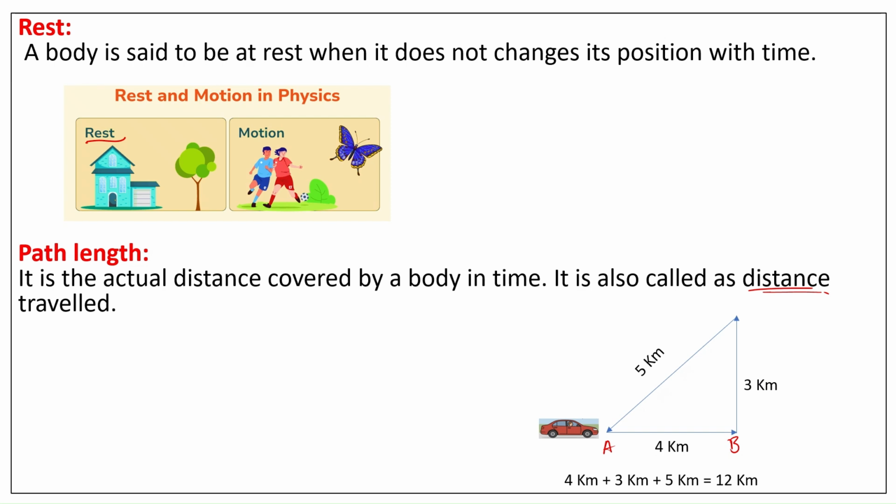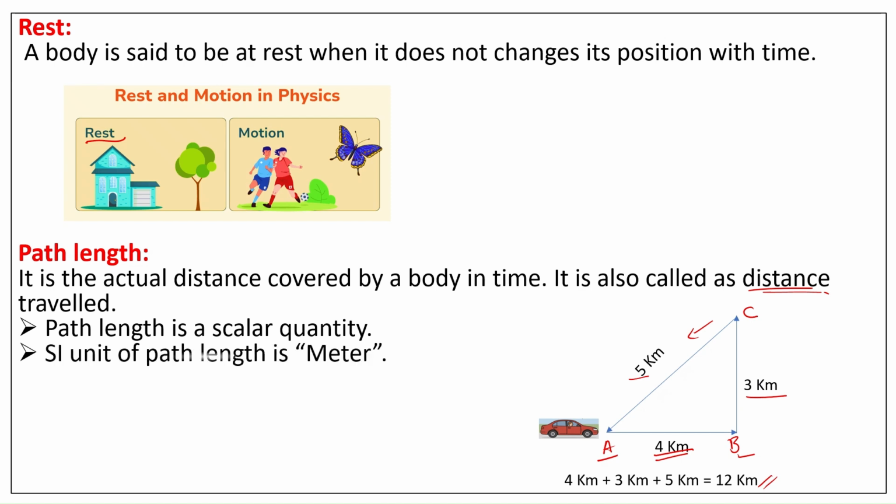For example, in the figure, car is traveling from point A to point B and from B to C, then C to A. So we can say that the total distance traveled by the car is distance AB plus distance BC plus distance CA. That is 4 km plus 3 km plus 5 km is equal to 12 km. Note: path length is a scalar quantity. SI unit of path length is meter.